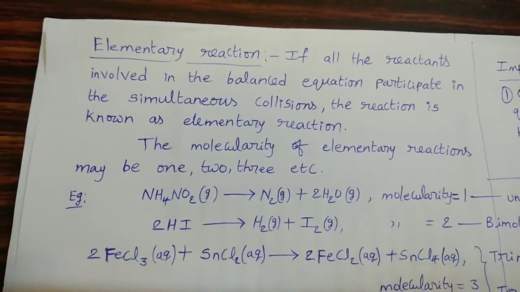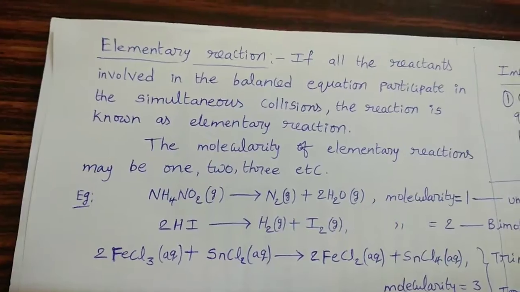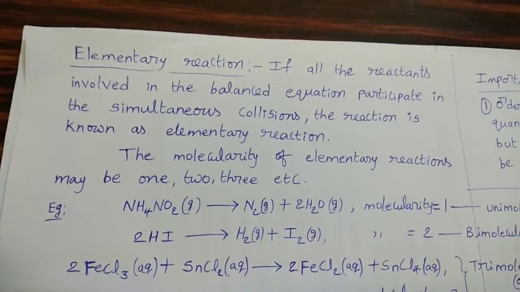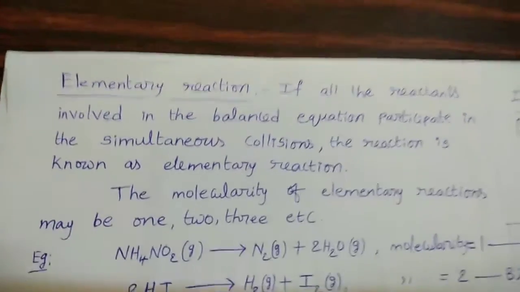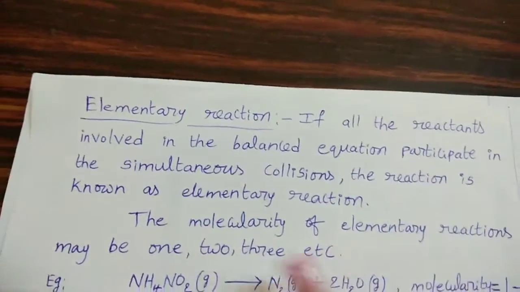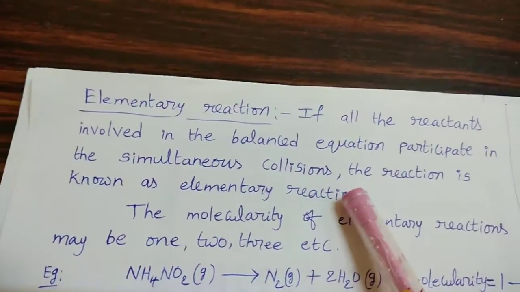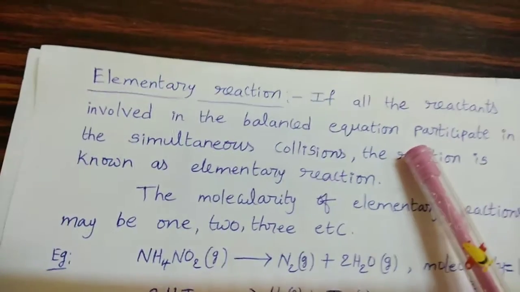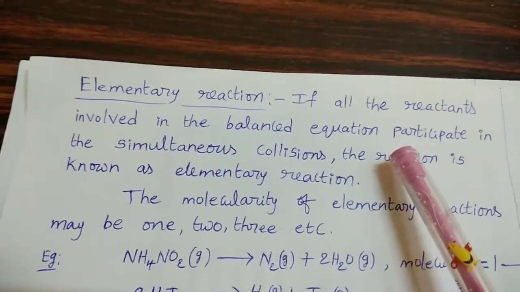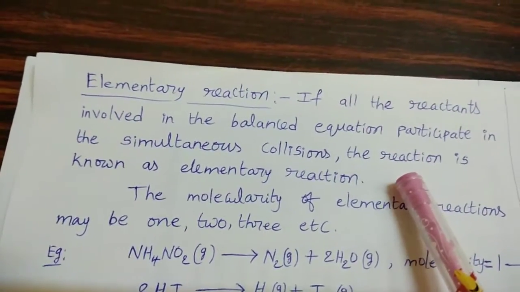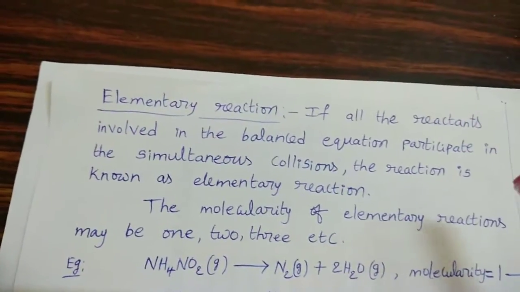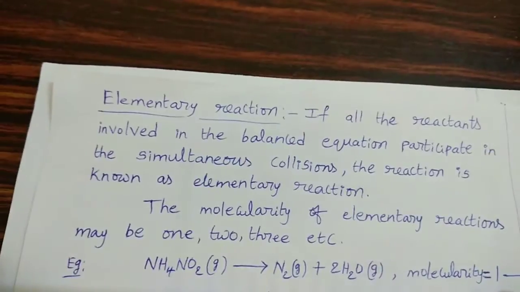If all the reactants involved in the balanced equation participate in simultaneous collisions, the reaction is known as an elementary reaction. Generally, a chemical reaction is represented by a balanced chemical equation. So if the molecules present in that balanced equation participate in the collision, then we can say the molecularity of the reaction is obtained from the balanced equation.